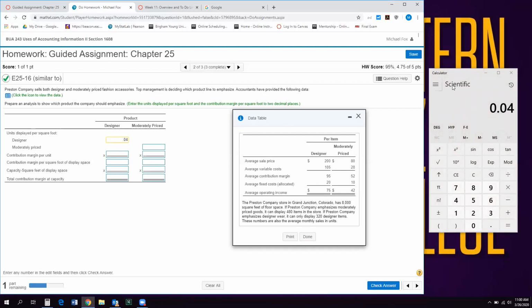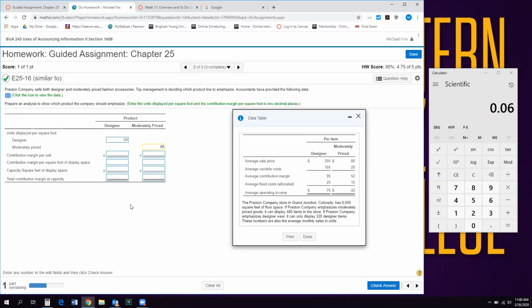And then our moderately priced, we're going to say 480 items divided by the, what was it, 8,000 square feet, gives us 0.06 items per square foot.